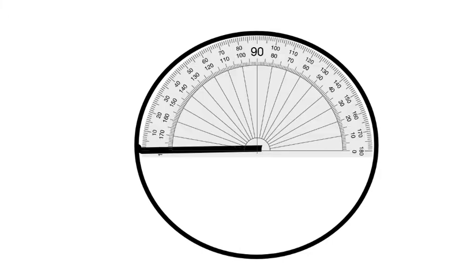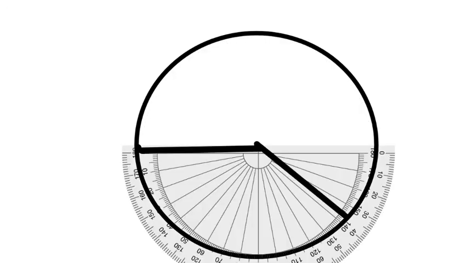Now, draw a circle, take a radius from the midpoint, and this radius will be treated as the base for the first angle. Place the protractor at the center and mark the first angle.